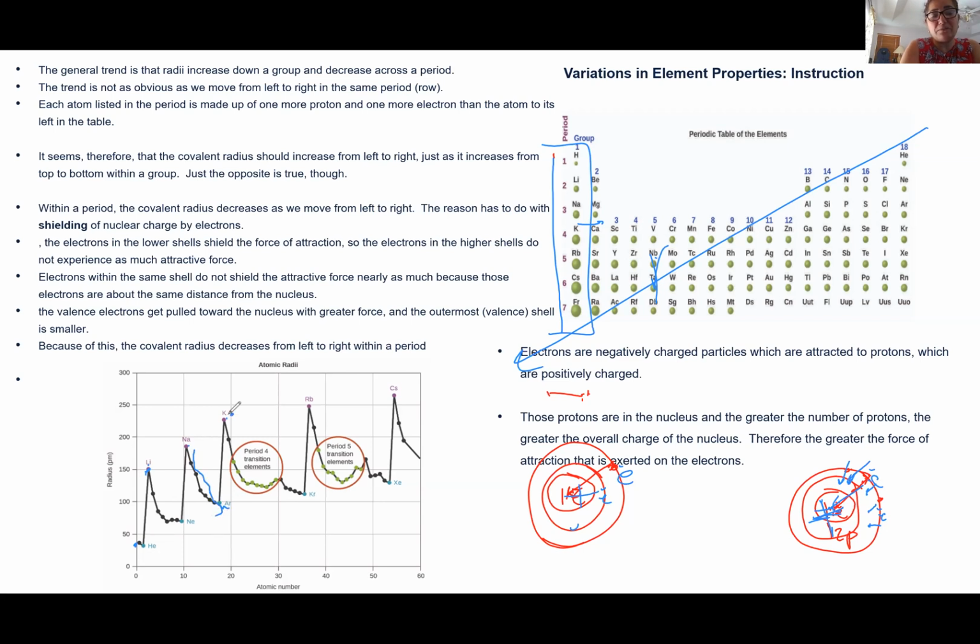Then you have a big jump because the energy level is increasing, and then it gradually decreases. There are some exceptions here, but the general trend is an increase from one level to the next, like from lithium to sodium, which is a big jump, and from sodium to potassium, but then a general decrease in the radius across. Okay.